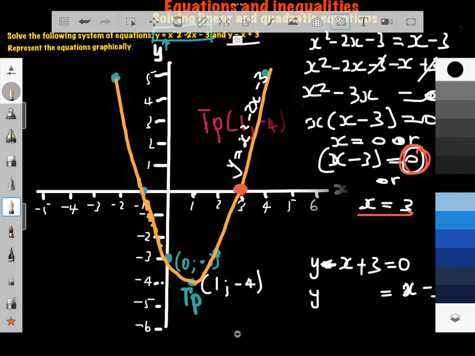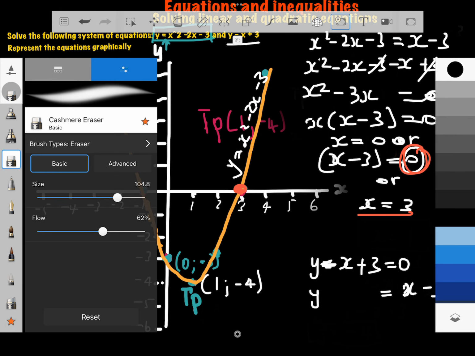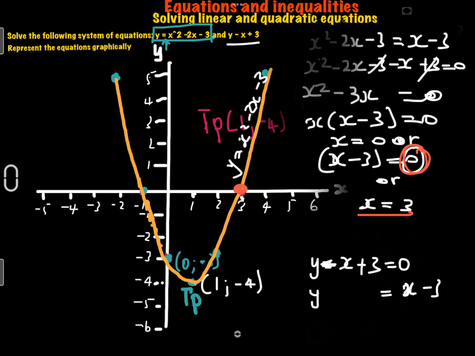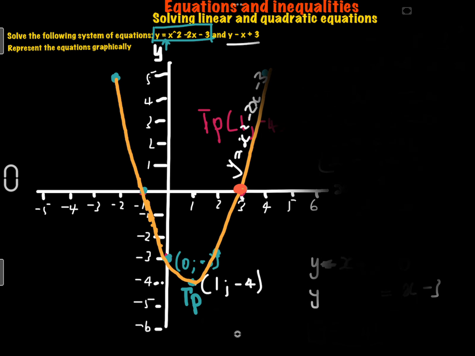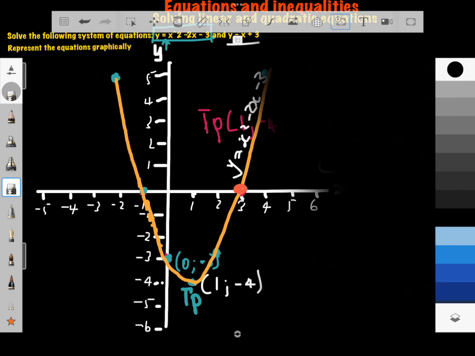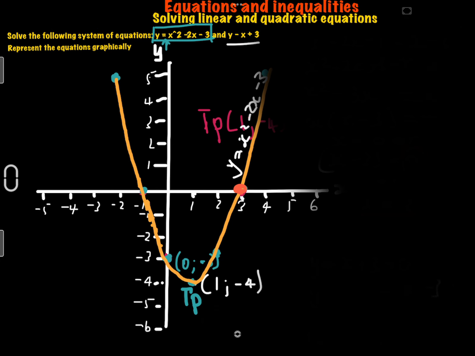So we have our linear equation: y is equals to x minus 3.